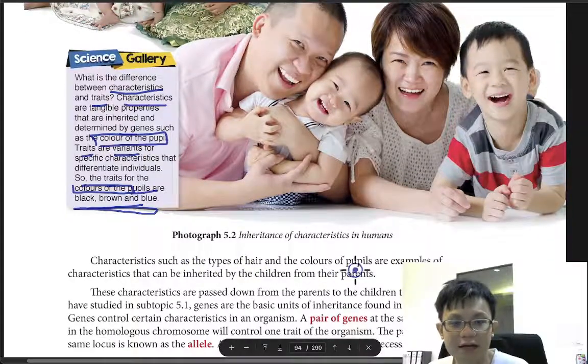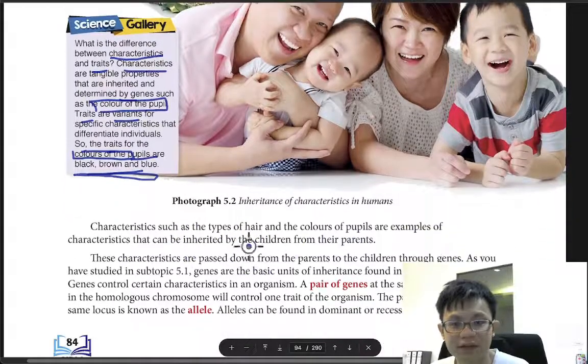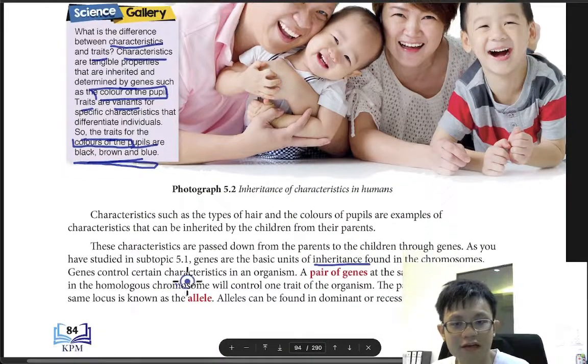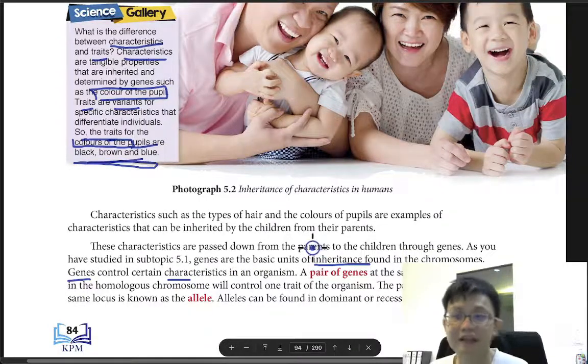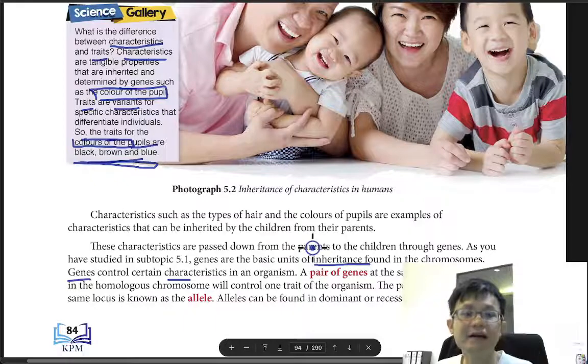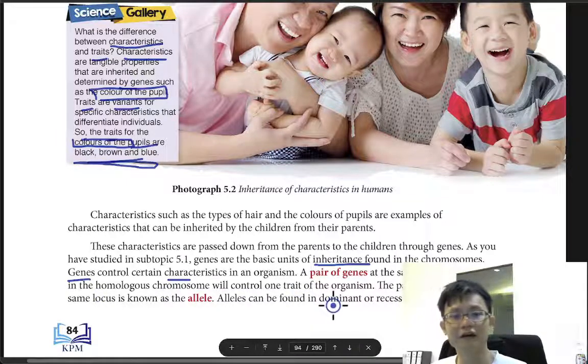Characteristics, like the type of hair and pupil, are examples of characteristics that can be inherited from the parents. As you have studied inheritance, the gene contains the characteristic. Inside the DNA there is a gene, and the gene contains the characteristic. A pair of genes at the same locus on homologous chromosomes will control the trait of the organism.